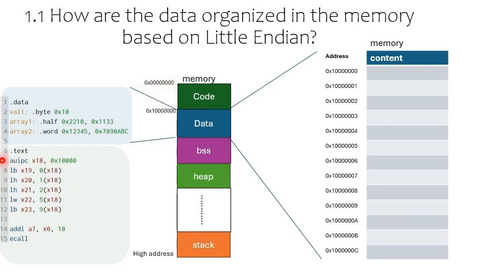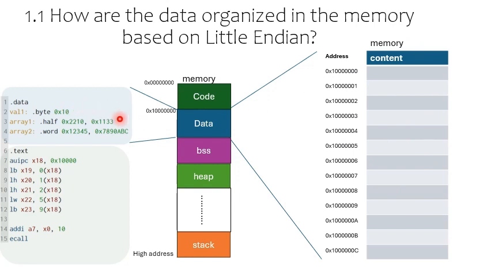That means the first line of the code segment starts from address 0, whereas the data segment starts from address 10000000, which means the first data in the data segment will be stored from the address 10000000.